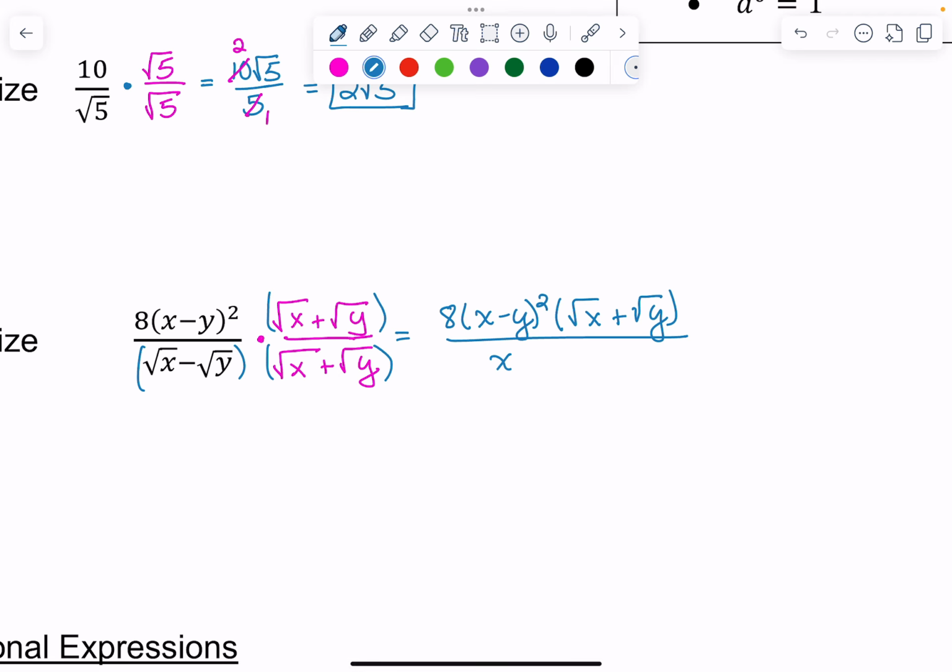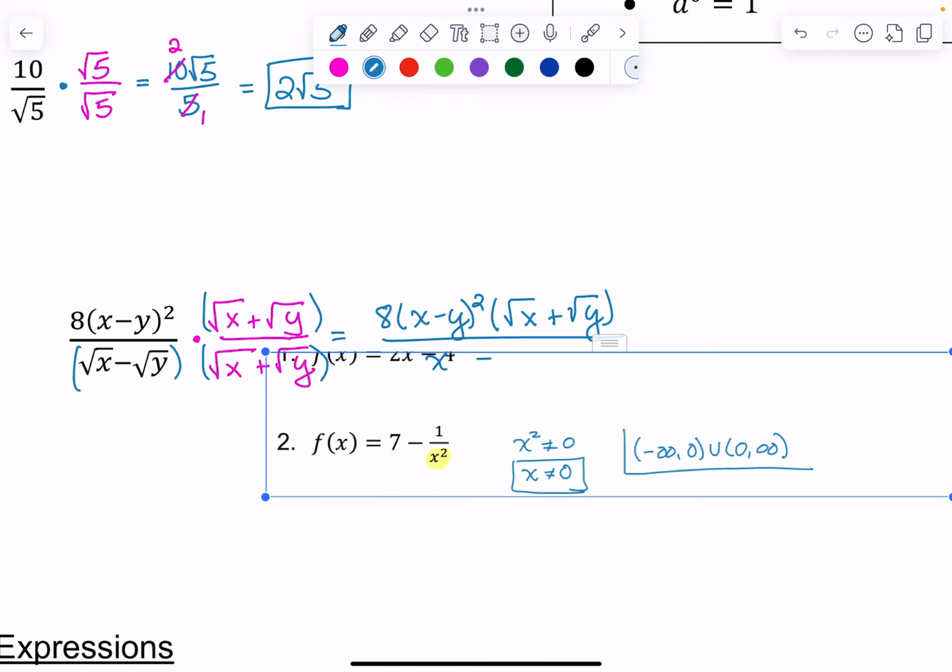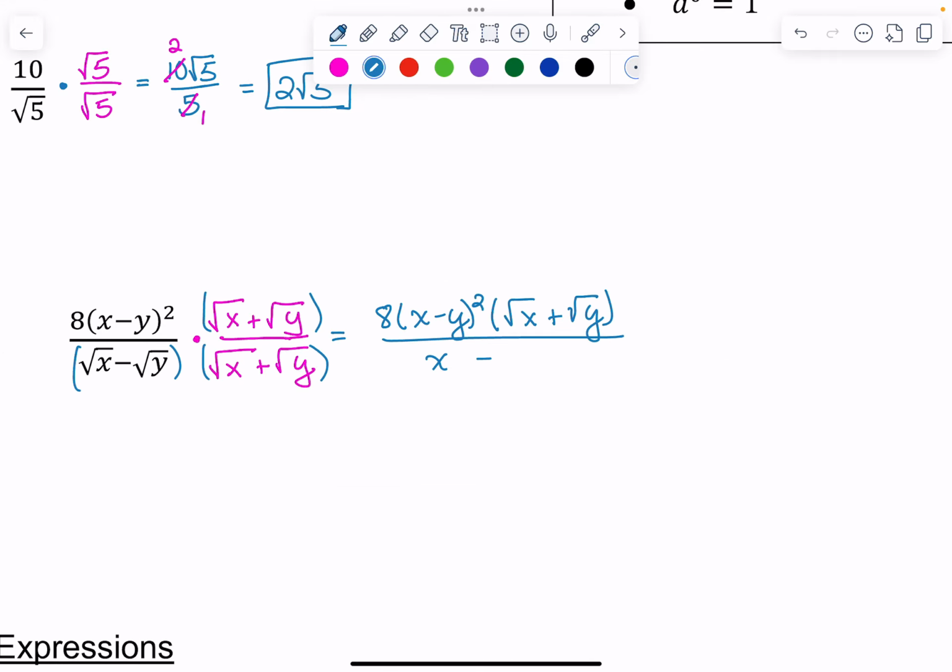When you do your inners, you're going to have minus the square root of x times the square root of y. And when you do your outers, you're going to have plus the square root of x times the square root of y. So those inner and outers are going to cancel. And I'm just going to come out with minus the square root of y squared, which is going to just be a y.